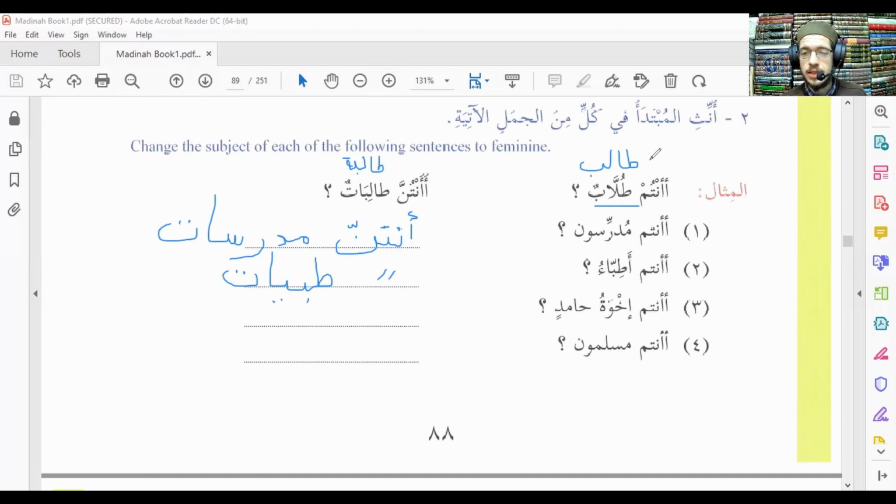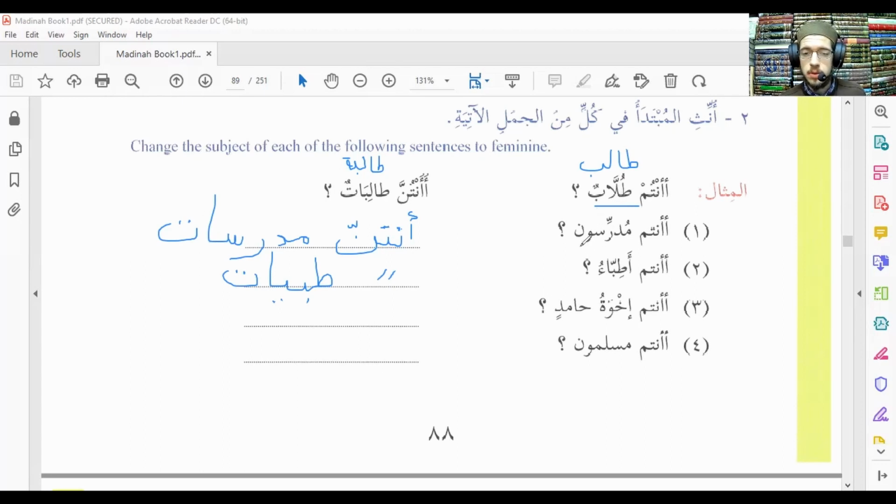So it's not logically a foregone conclusion that just because a masculine singular goes to the broken plural, it's going to be the same in the feminine. No, the feminine singular can go to the sound feminine plural, and a masculine singular can go to a broken plural. It doesn't have to go to a sound masculine plural.